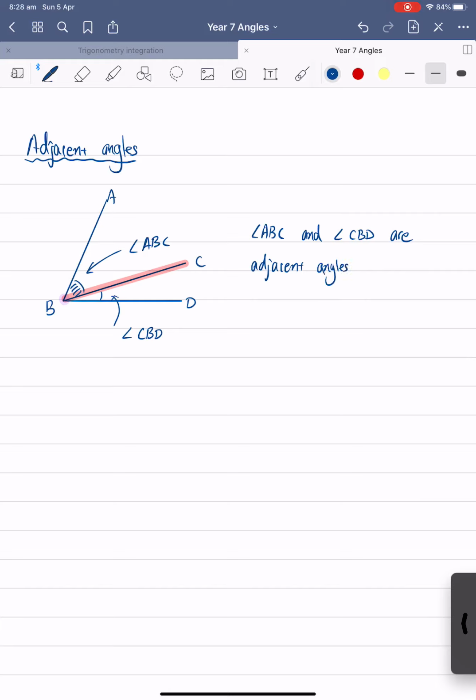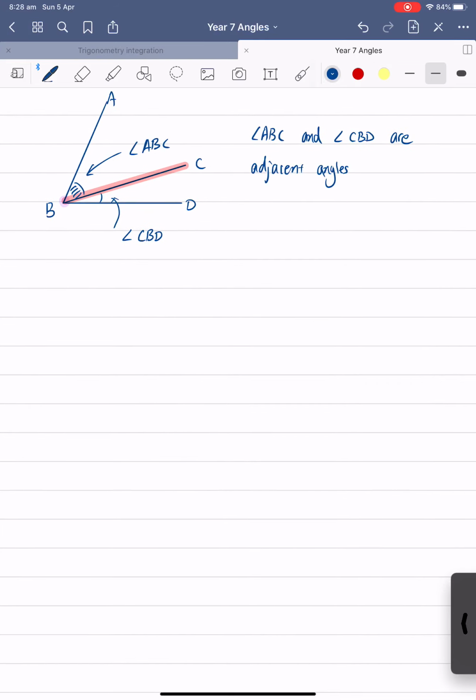Now when we're talking about adjacent angles, we can have two special types. If two adjacent angles form a right angle, then we call that complementary.